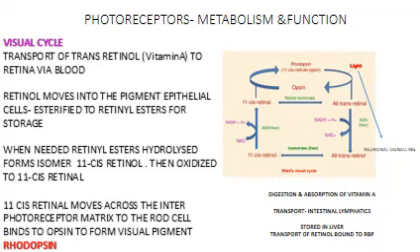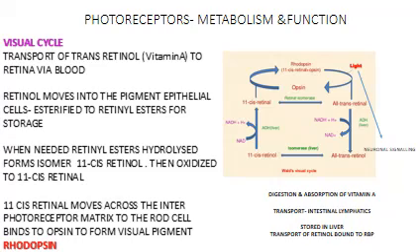Now let's look at the metabolism and function of these photoreceptors. What is the main function of these photoreceptors? It is in the visual cycle. Now vitamin A: we have the digestion and absorption of vitamin A, then it is transported to the retina via the blood.